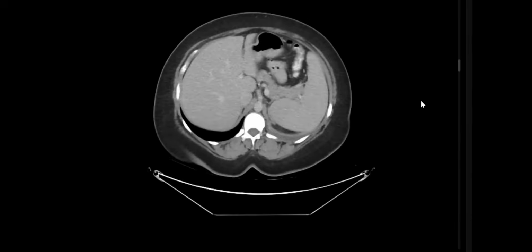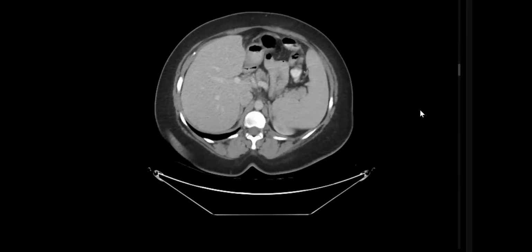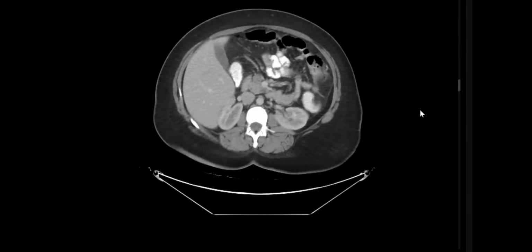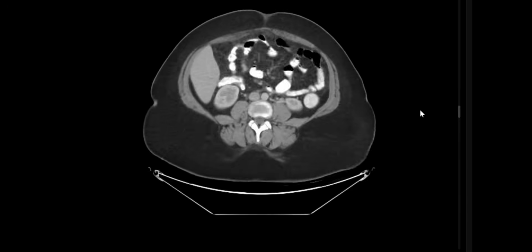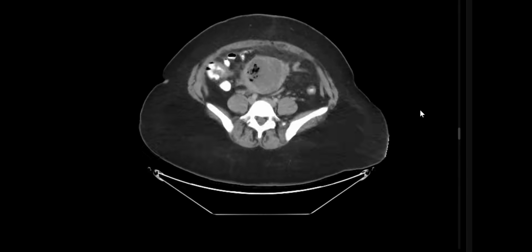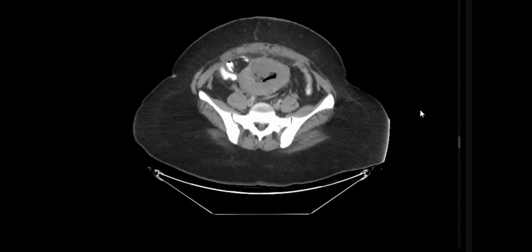Post-cesarean. Okay, I'm provided with CT sections, portovenous phase of a female patient who has post-cesarean section and is complaining of pain and fever.